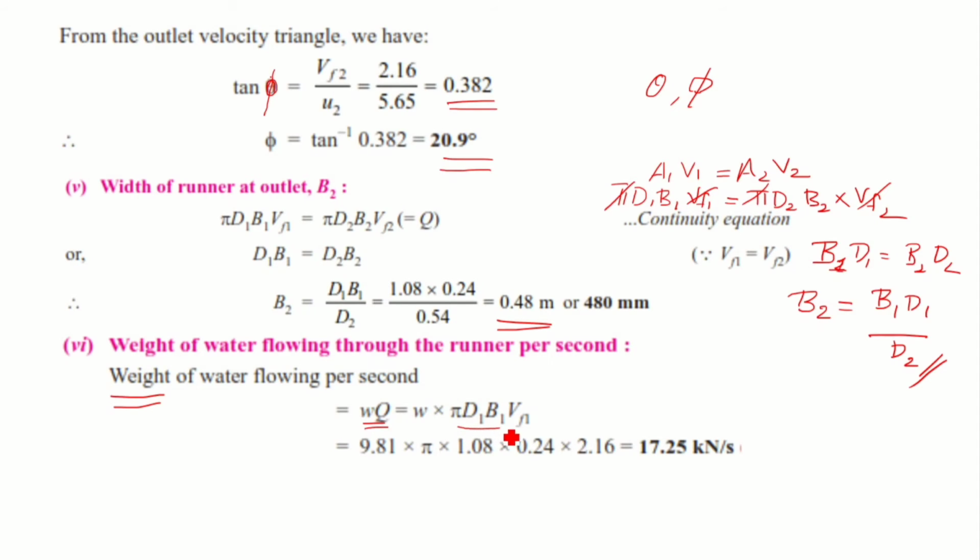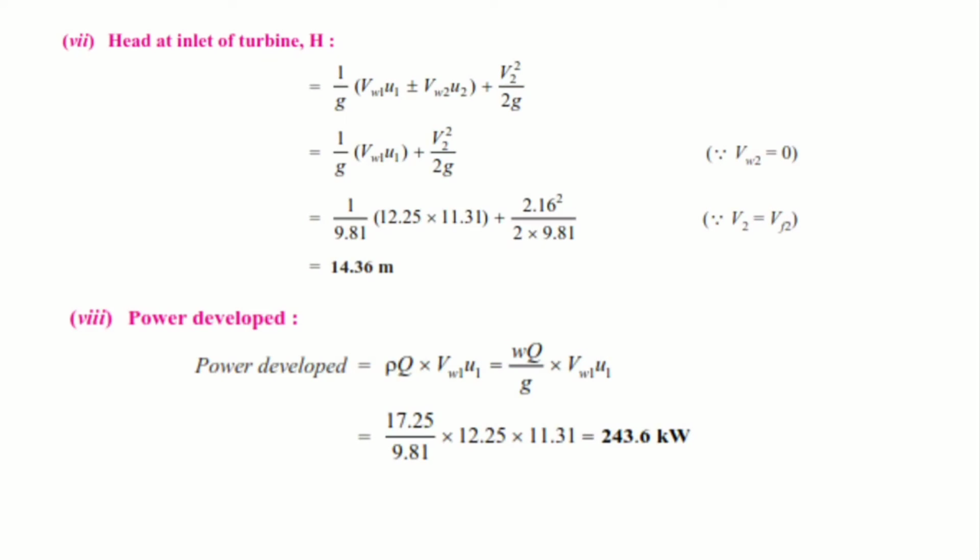Area is pi into D into B1, velocity is Vf1. So 9.81 into pi into 1.08 into 0.24 into 2.16 will give the value 17.25 kilonewton per second. Next we are going to find the head at inlet of the turbine.